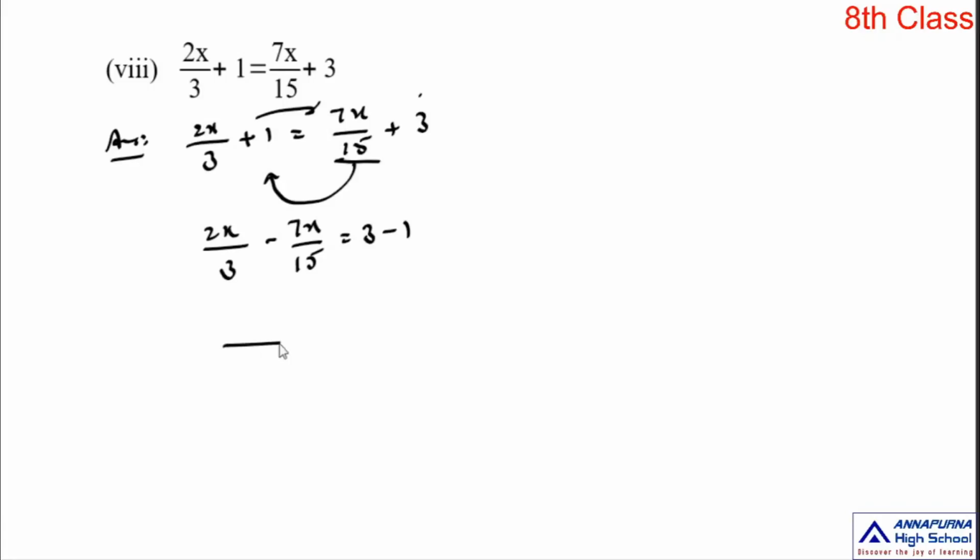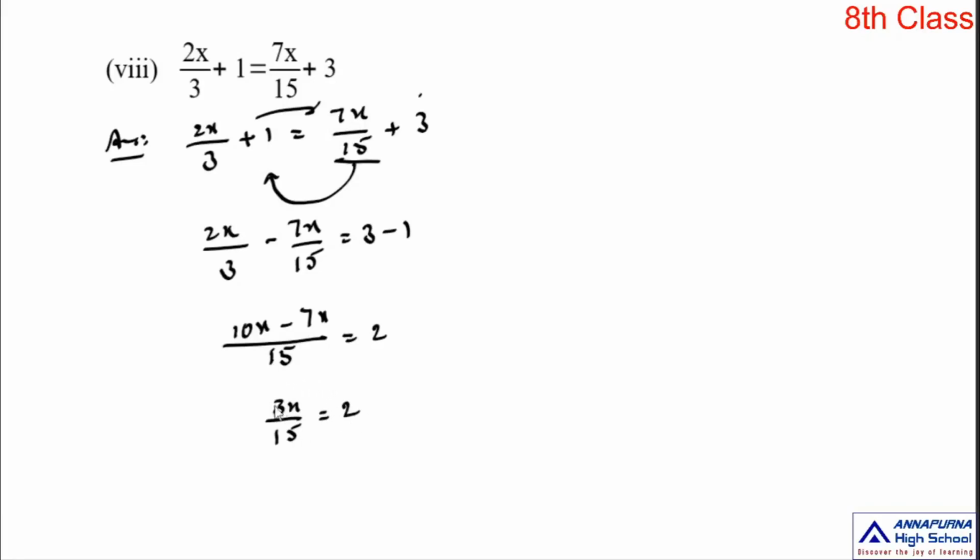Now find the LCM of the denominators. 3, 15. LCM is 15 and the numerator is, by which number you multiply the 3 to get 15? 5. So 5 into 2x, it is equal to 10x minus 7x is equal to 2. 10x minus 7x, it is equal to 3x by 15 is equal to 2.